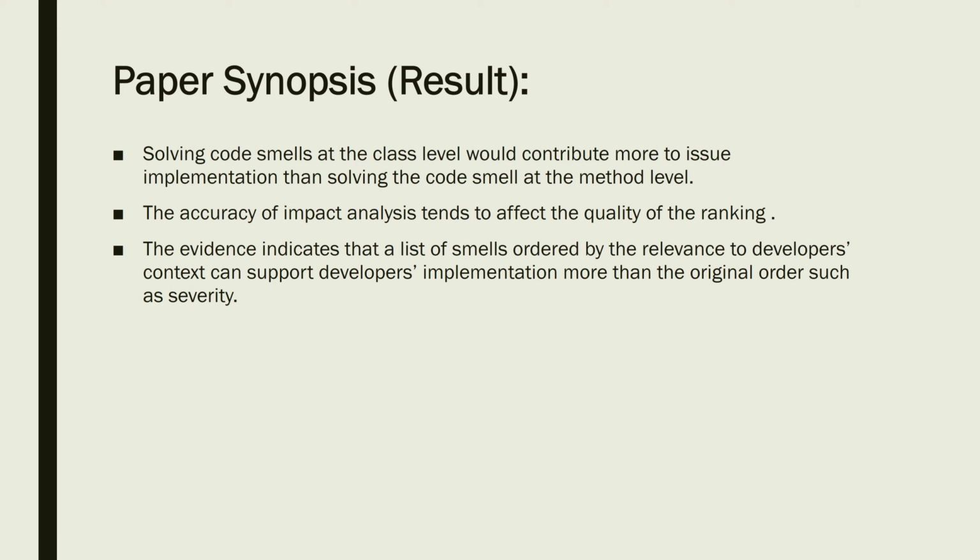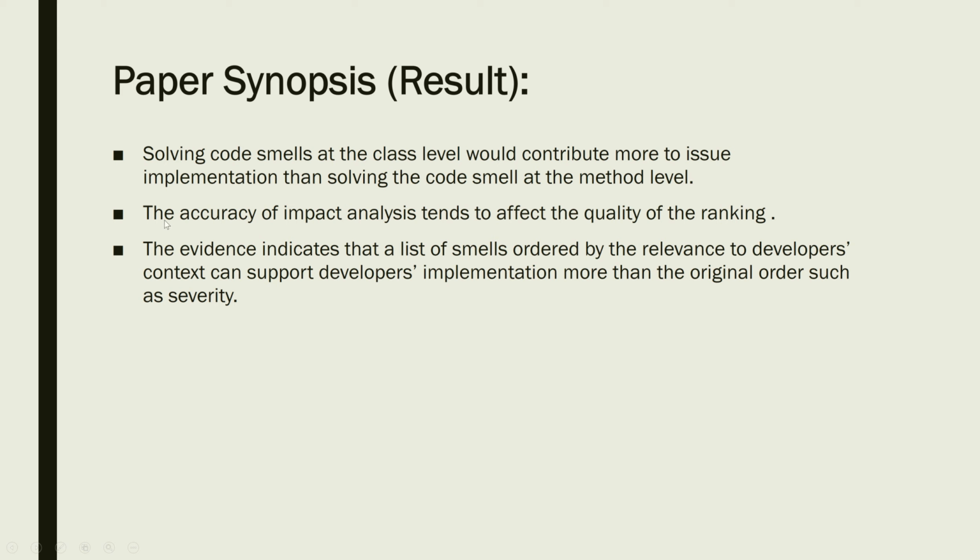The following is the result for the proposed approach. For the first research question, the study showed that solving code smells at the class level, or the coarse grain, would contribute more to issue implementation than solving code smells at the fine-grained level.